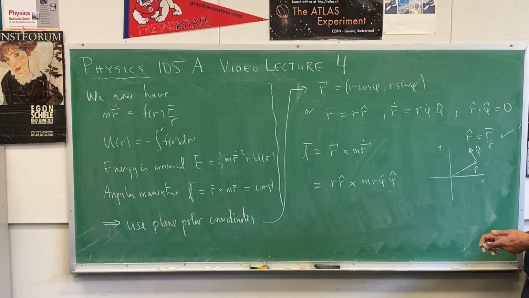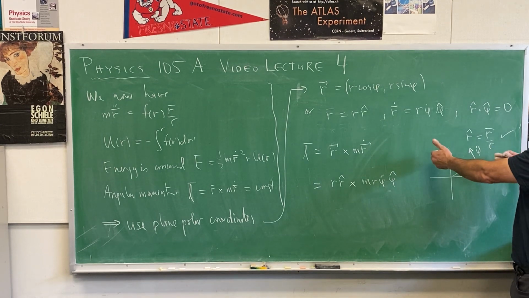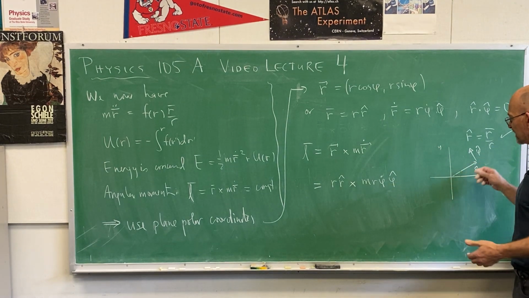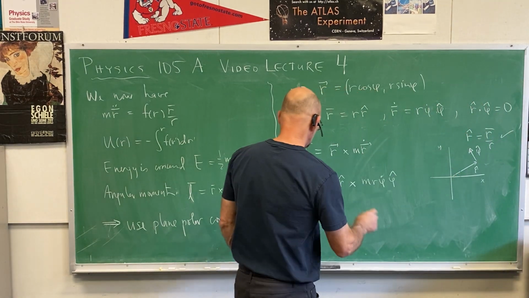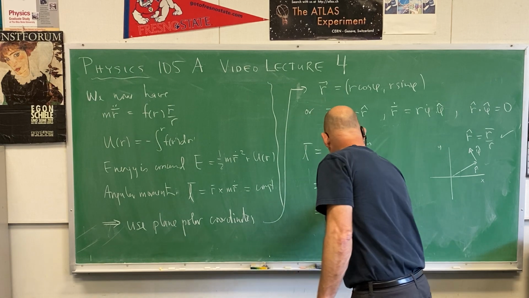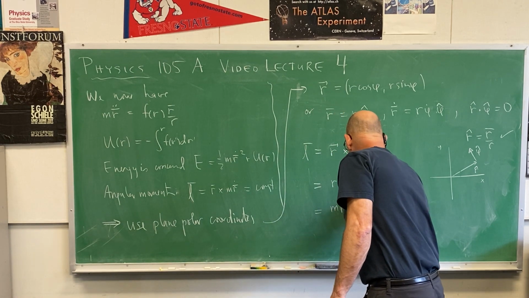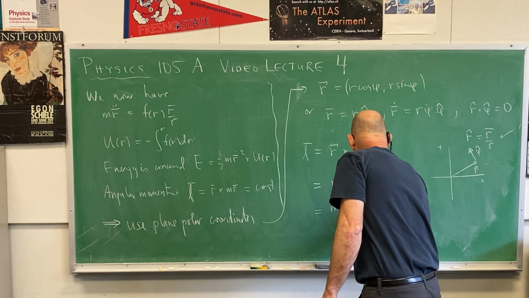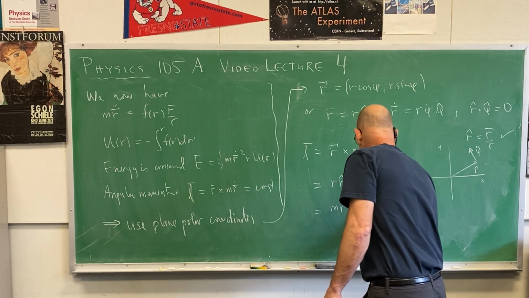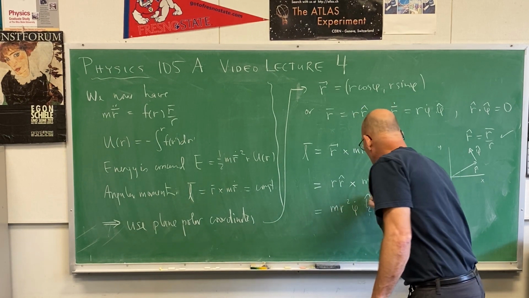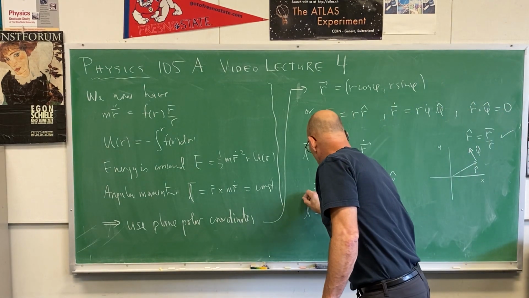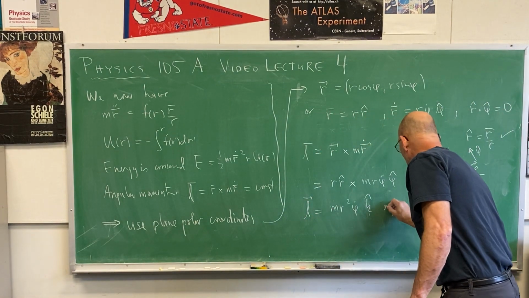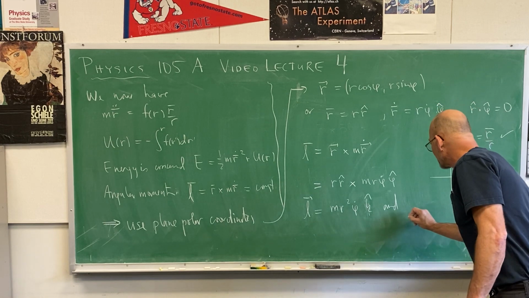So good. It's implicitly there, right? We're living in the xy plane, but the k hat vector is coming out right here. So this is immediately m r squared phi dot k hat. r hat cross phi hat is k hat. So that's the L vector, k hat is the unit vector.